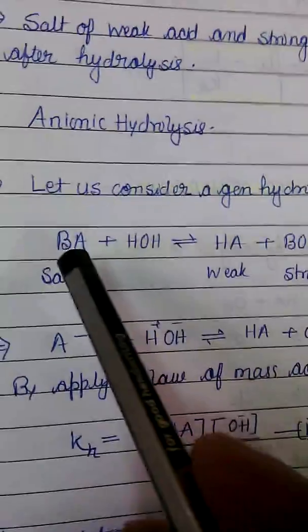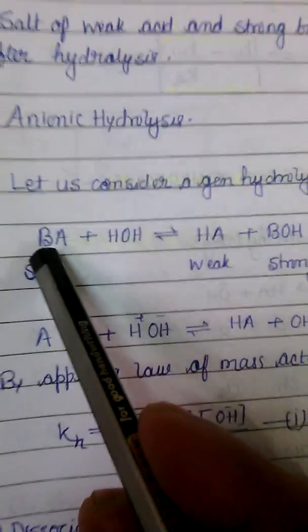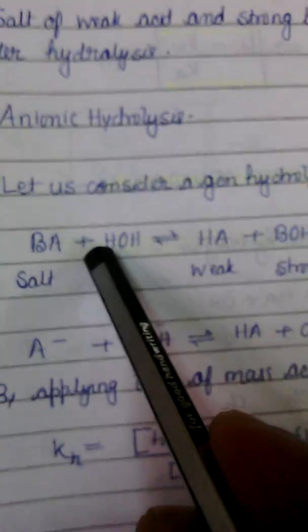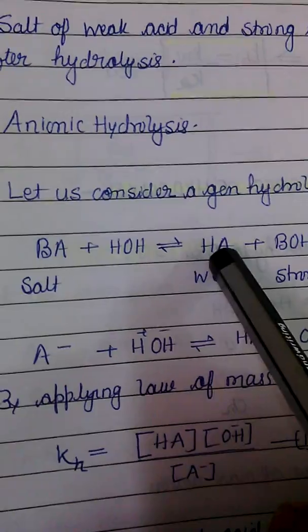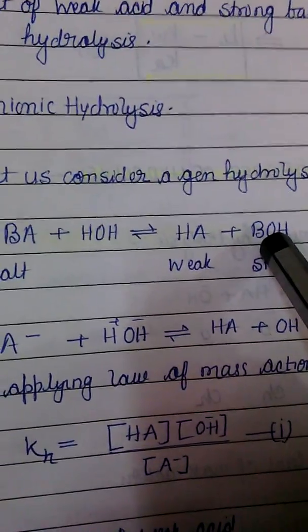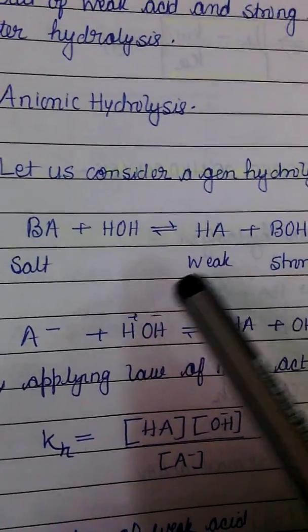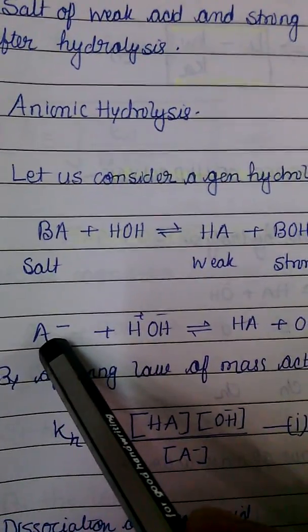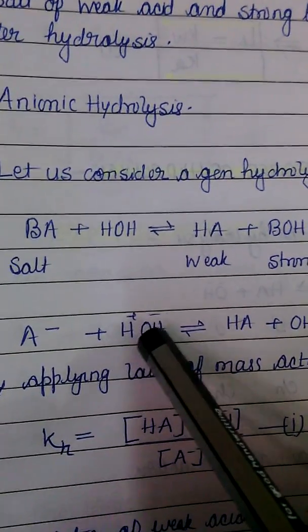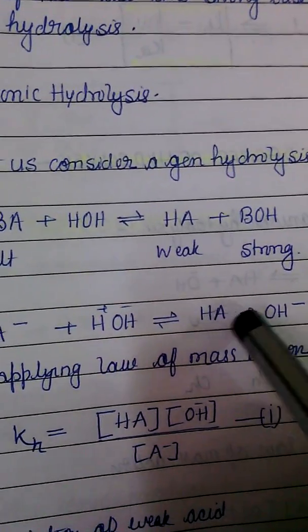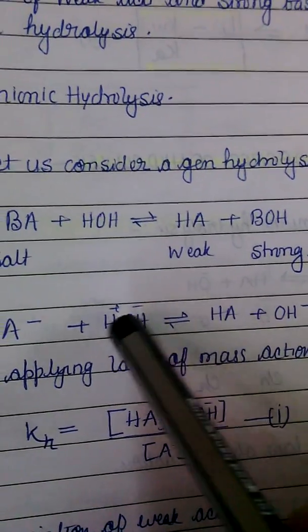Let us consider salt hydrolysis: BA plus water reversible HA plus BOH. Since the nature of the hydrolysis reaction is anionic hydrolysis, A- plus water reversible HA plus OH- ion.